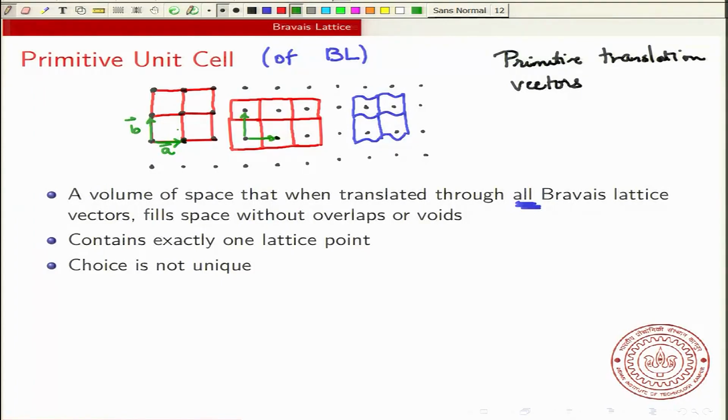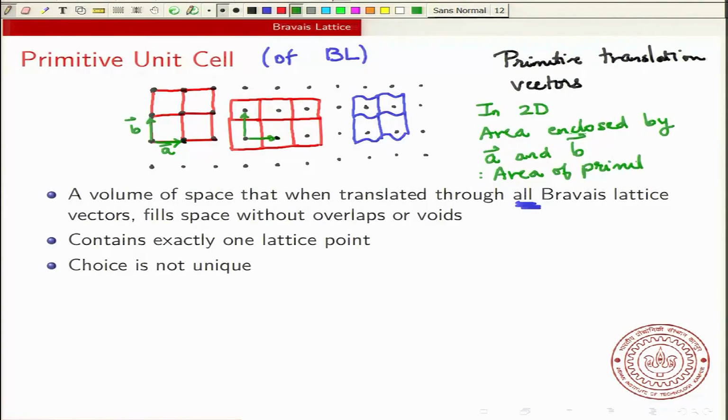So, in 2D, you need the area enclosed by A and B. That will give you the area of the primitive unit cell.